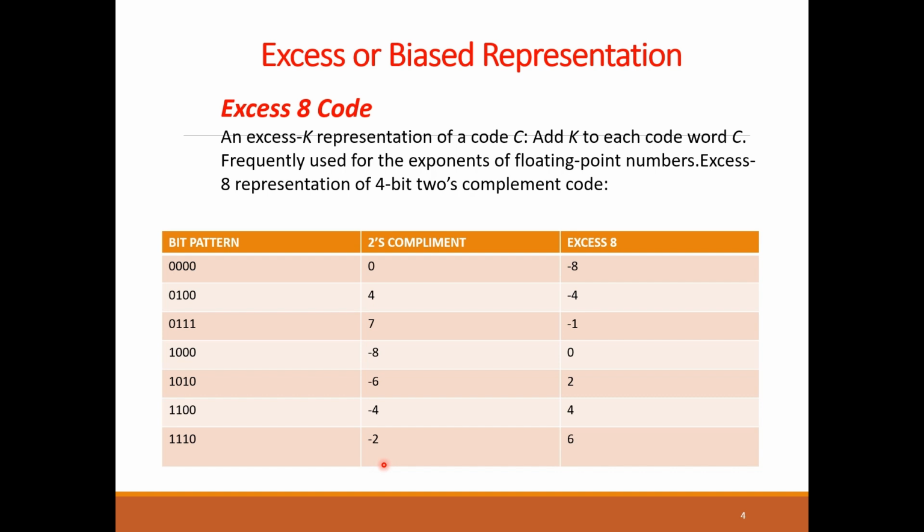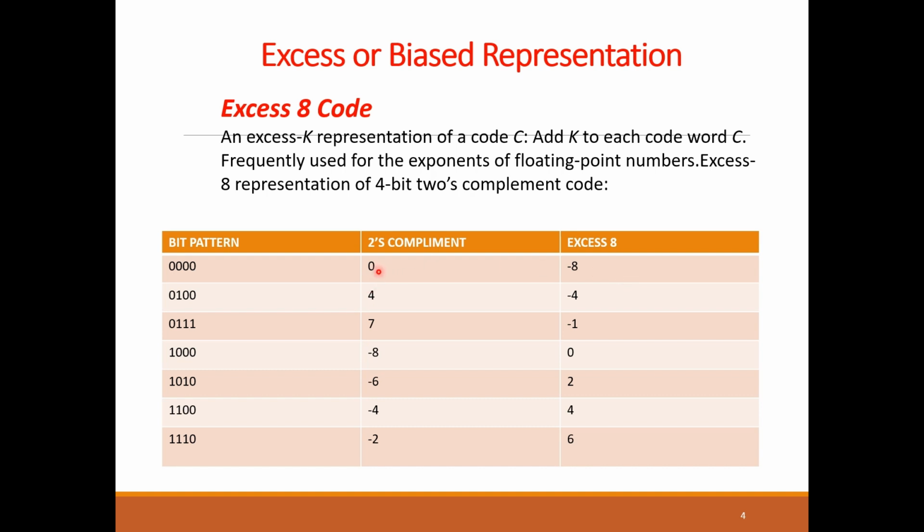Now, if we want to use excess 8 code, then with every 2's complement number you add 8, which is equivalent to 1000 in binary. So you will get an excess 8 representation.